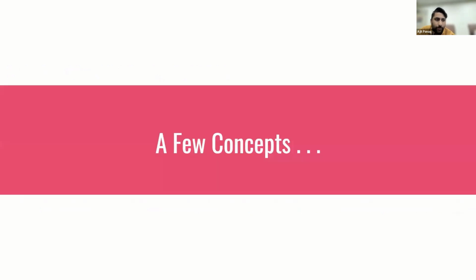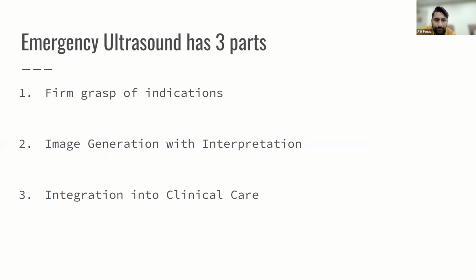And then just to go over a few concepts before we wrap up. So emergency ultrasound really has three parts in terms of expertise and mastery, in my opinion. So the first is kind of a firm grasp of the indications. So the trainee knowing when and where to scan. The second part is image generation with interpretation.